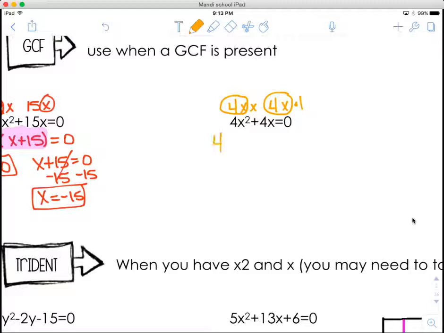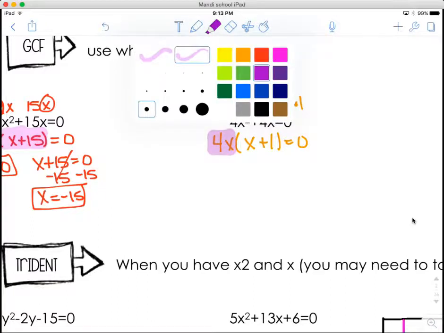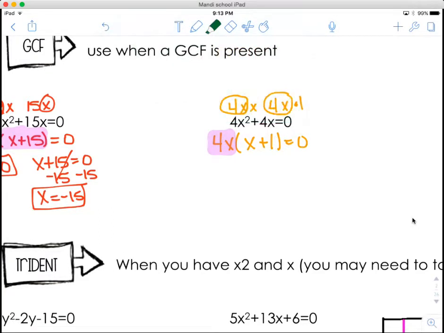So 4x is on the outside. x plus 1 is left on the inside. Okay, we have this term, and we have this term. They have to both be equal to 0. So 4x equals 0, x plus 1 equals 0.